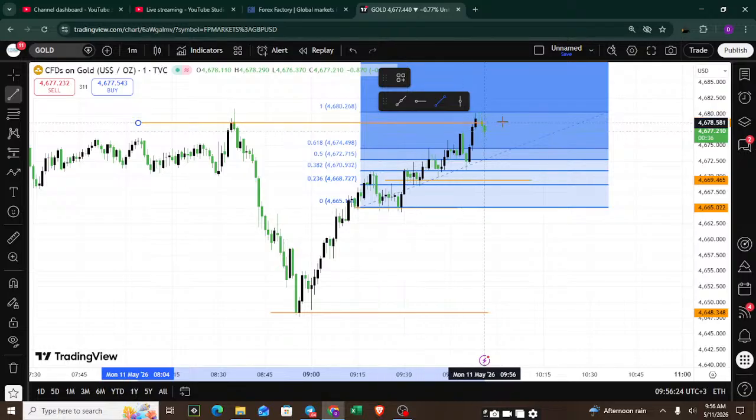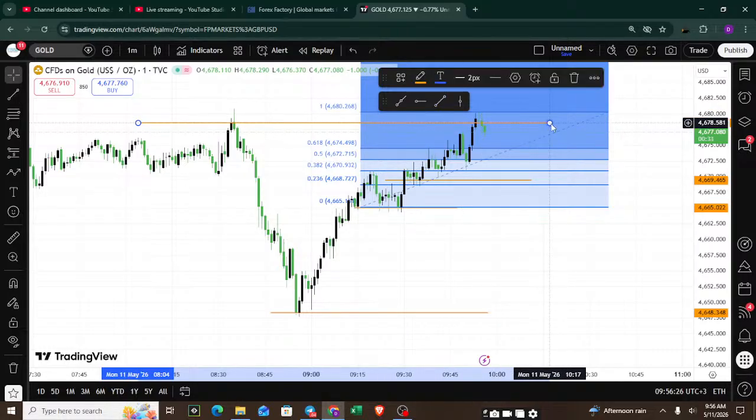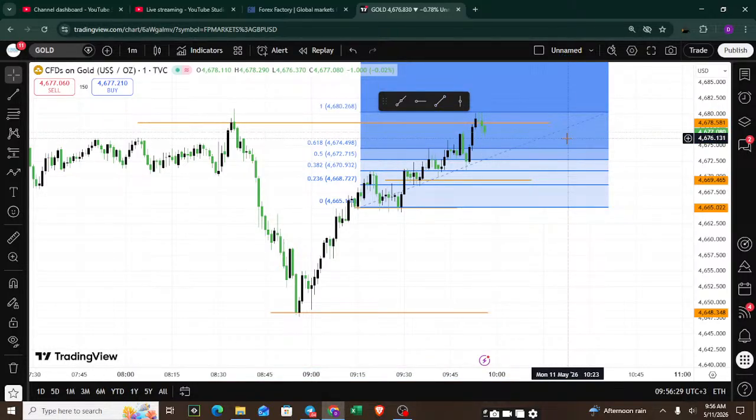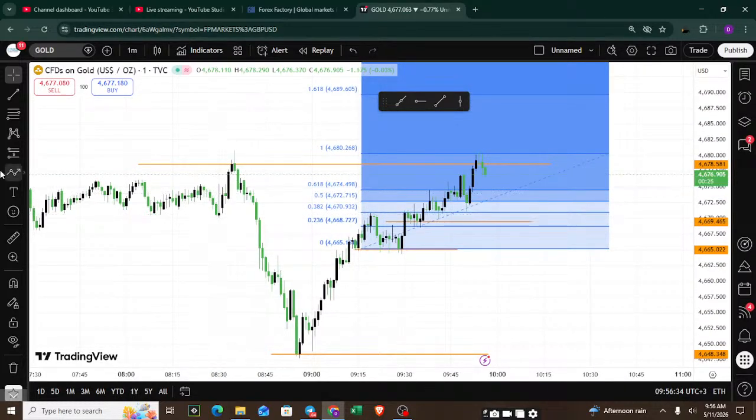But I will be more confident if price, well, it seems to have broken this level. It seems to have created a break of market structure.